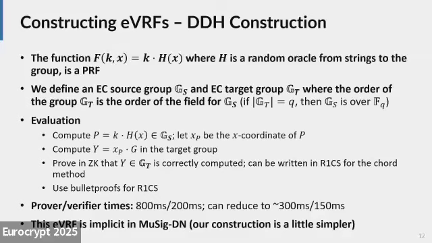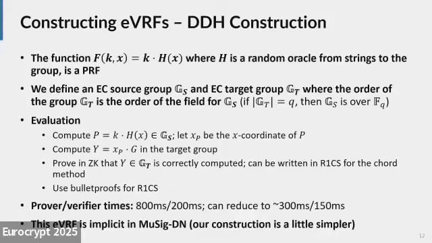The problem is, if you think about this construction, I end up getting an elliptic curve point, a group element, as the result, but I need a scalar, because I need to multiply that now by a g. So I have 2 groups, a source group and a target group. I compute the PRF in the source group and use the scalar coming out of that, the x part of the point, as the scalar in the target group.